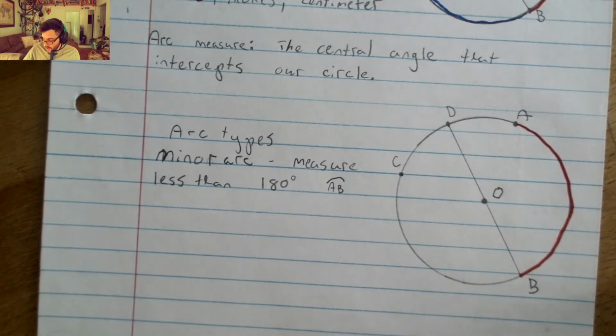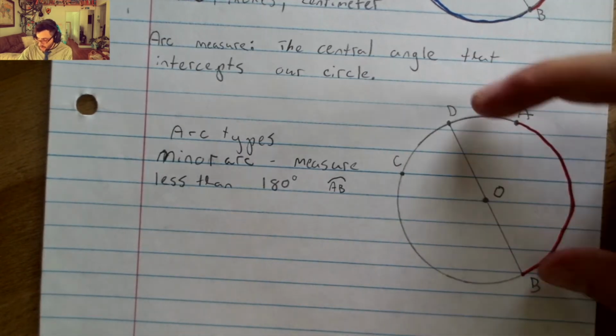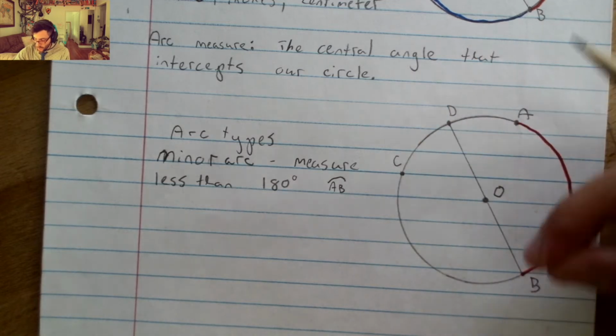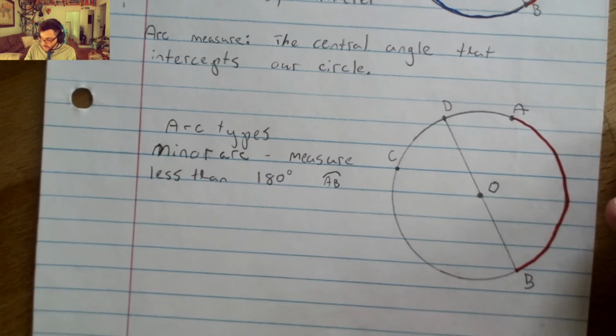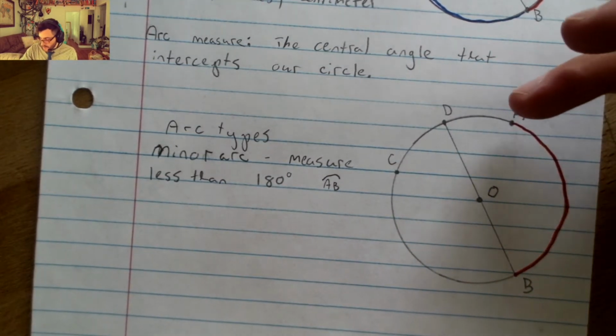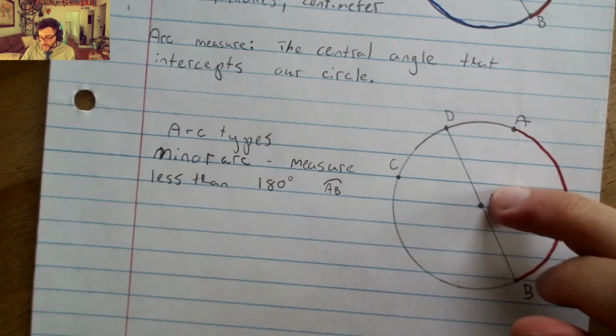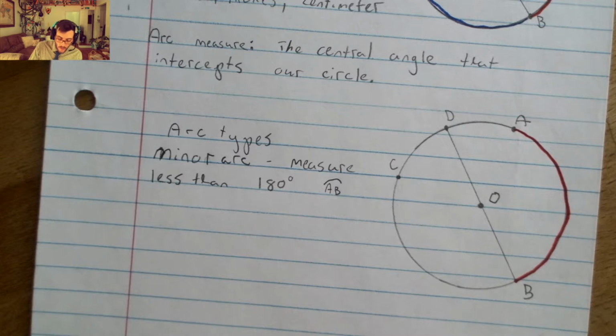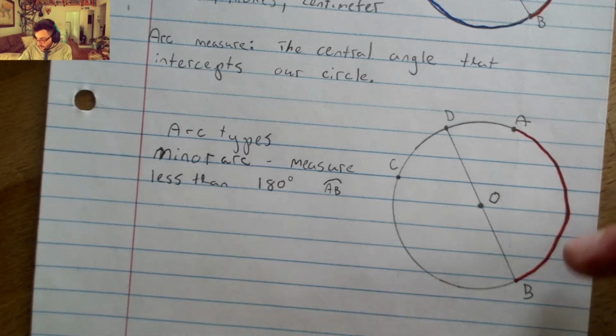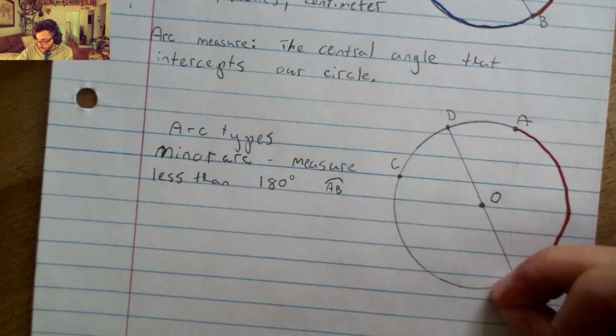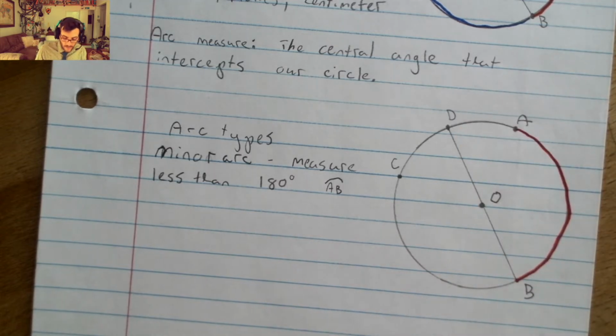The reason why we know this is going to be considered a minor arc is if we look down here in the center with segment DB, we can essentially call this a diameter since it goes from one side of our circle to the other, but also intersects through the center point of O, allowing us to define it as the diameter. Knowing that, we can see how this portion here is going to be less than 180 degrees as it doesn't go halfway around the circle or form essentially a semicircle.